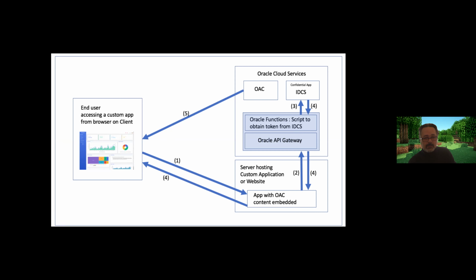If you're a developer who is very proficient in setting up your own APIs, then absolutely, you can do it that way as well. But what's key is that this code runs on a protected server. That code then calls the IDCS confidential app API to get that token, and it passes it back through to the client, and you are then authenticated and you get to see the content.